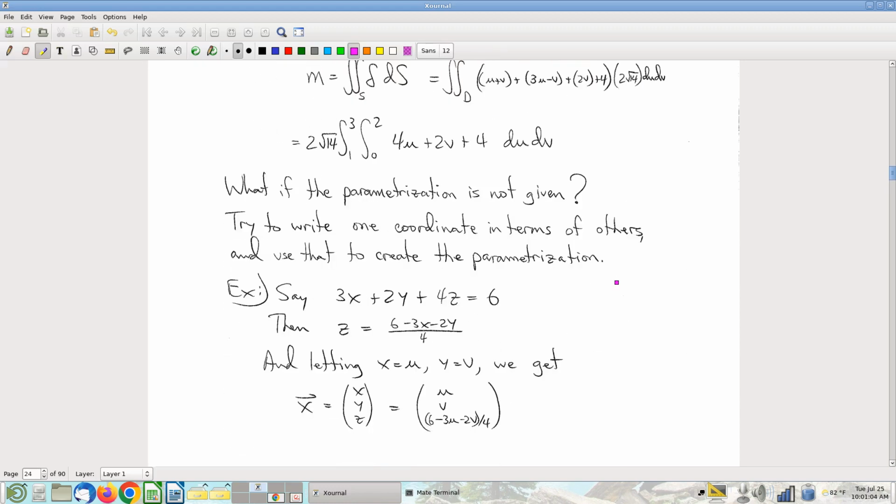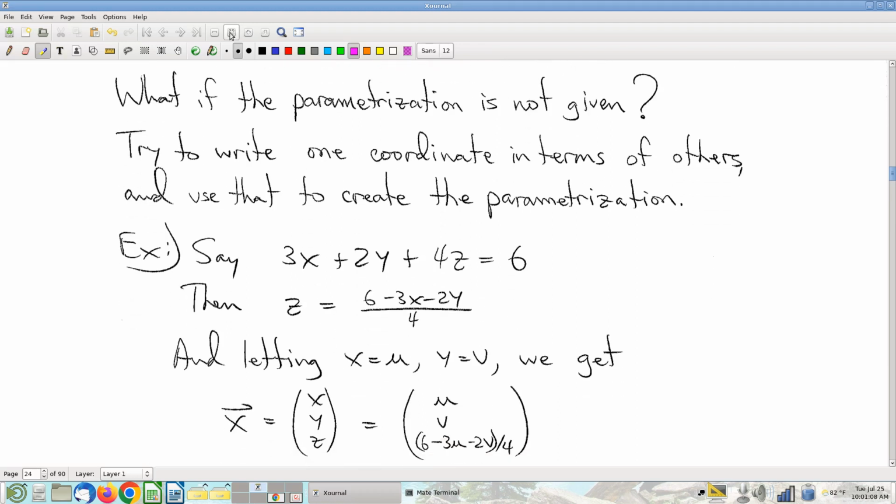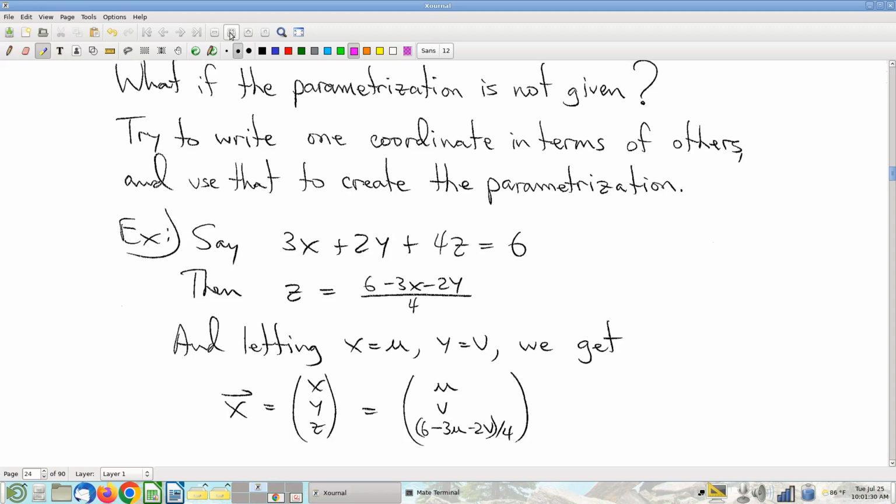There are various different versions of this depending on the circumstance, but I'm going to show you here my favorite one. This is the one that works most often. If I had to pick a single method for parameterizing surfaces, and I can use this and this only, my desert island surface parameterization technique, this is it right here. It's what I like to call the graph parameterization.